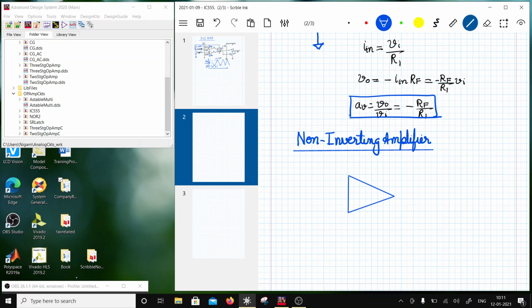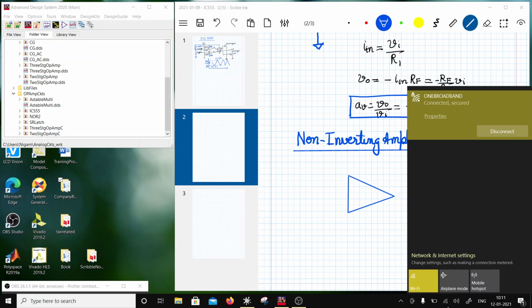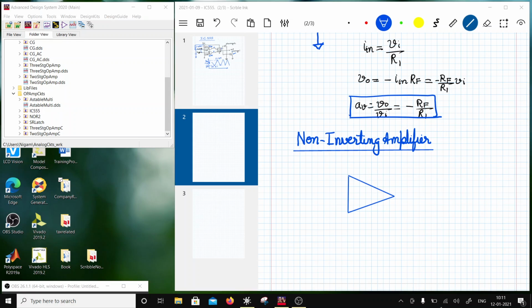This is my OpAmp, and this has an inverting input and a non-inverting input here, and an output here VO.